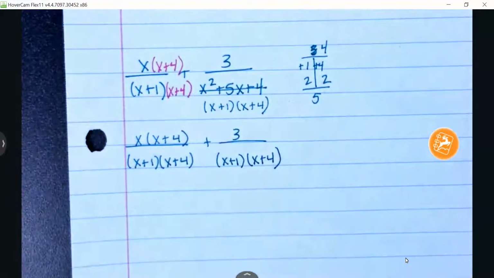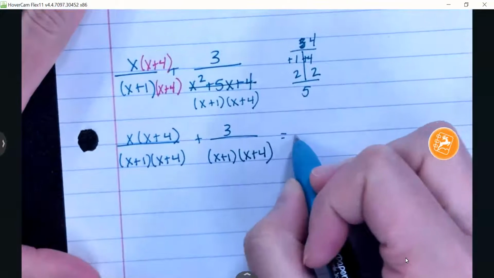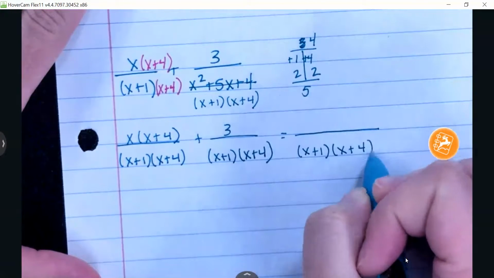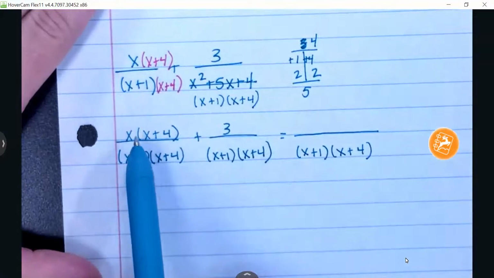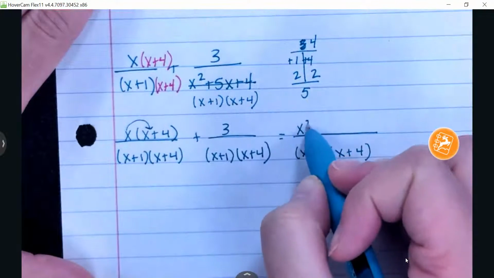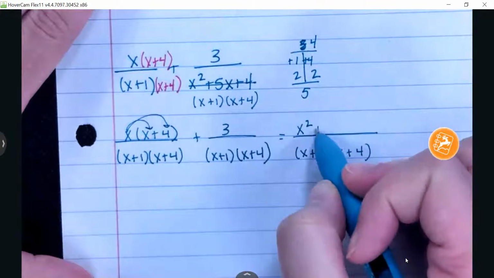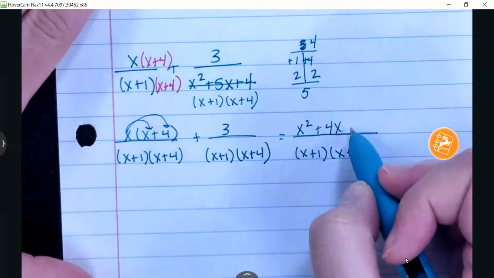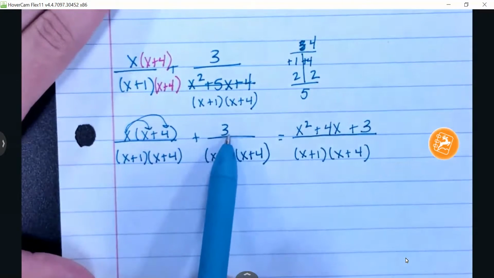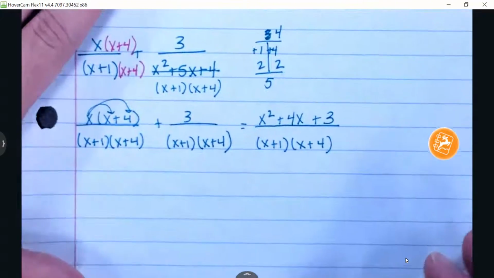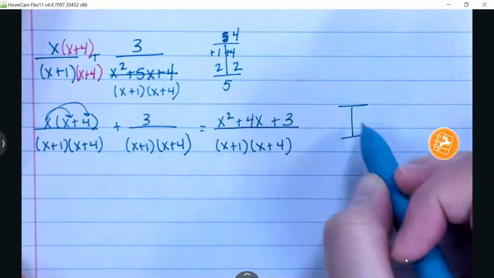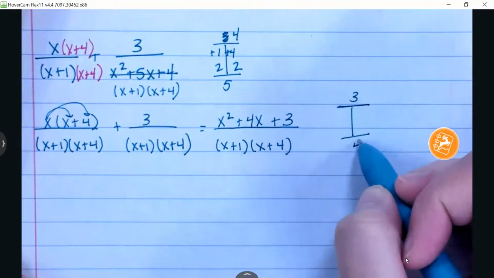Now that my denominators are the same, I can make one big fraction. What do I have to do with this x outside the parentheses? Distribute. So I'm going to have x squared plus 4x plus 3, because this says plus 3. Now what does it look like I can do? I can make another eye chart. What number is at the top? 3, and at the bottom is a 4.